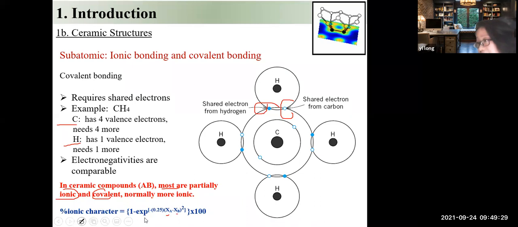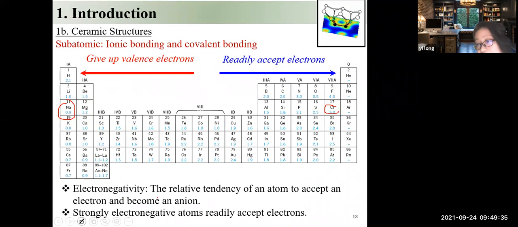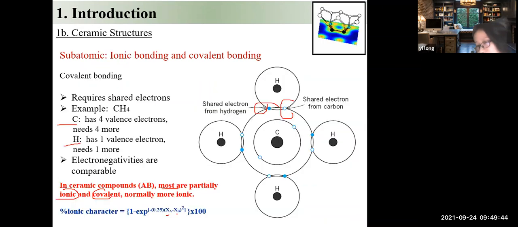So what is this X? X is just electronegativity, as I have already said, all these numbers. The principle is very straightforward. If XA minus XB is bigger, is the percentage of ionic character higher or lower? Can you write in the chat box?